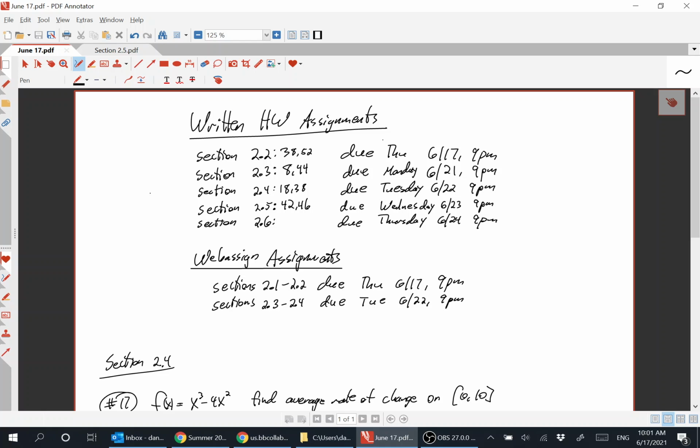So I assigned number 38, which is the classical setup for rates of change, which is the rate of change of distance over time, which of course is speed. But let's do another one like it. Okay, number 32.